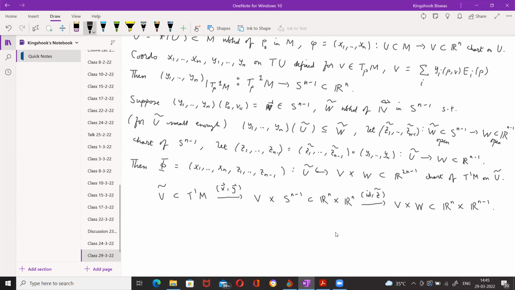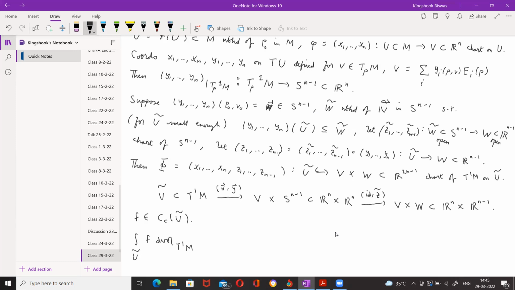Now, I took a function f which was in CC of U tilde. So what is the integral of f with respect to the volume measure of T1m over U tilde?